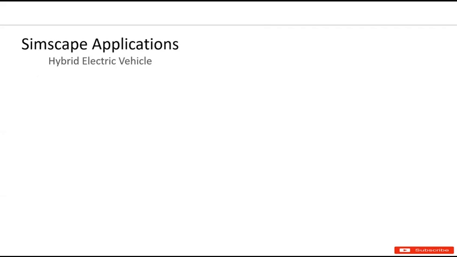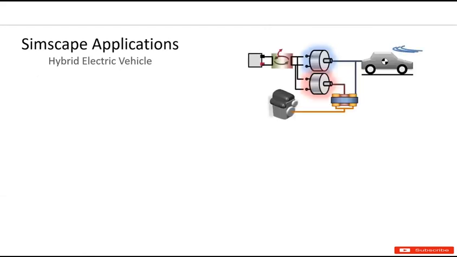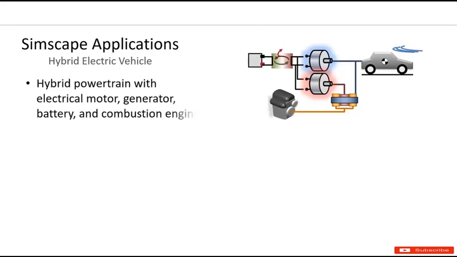So here are some of the applications of Simscape. One example is the hybrid electric vehicle, which is a very hot topic nowadays. So how can you use Simscape for these electric vehicles?